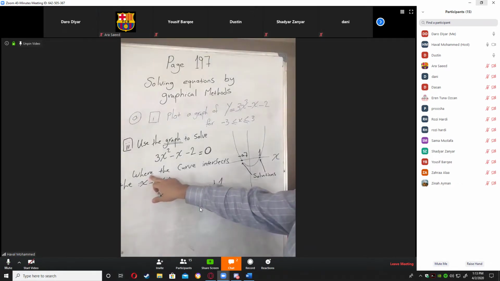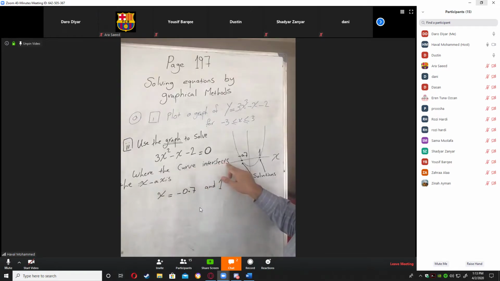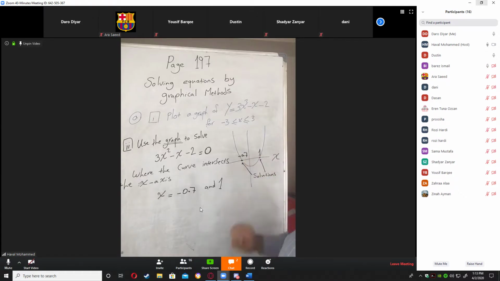That's why I have written for you here. Can you see where the curve intersects the x-axis, or where the curve is actually going through the x-axis? It's going through those 2 points. We have 2 points. That's why these will be the solution. You understand now? Yes, sir. Any more questions? Anybody not understand?